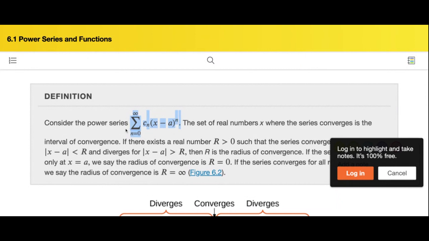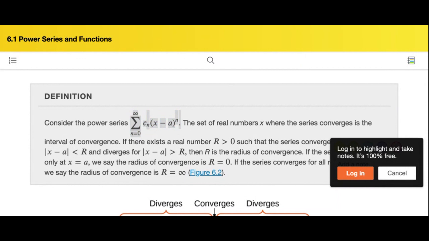So this is the standard form for a power series. Cn means we have C0, C1, C2, right? X minus a raised to n means we have x minus a. Let me write in the chat.